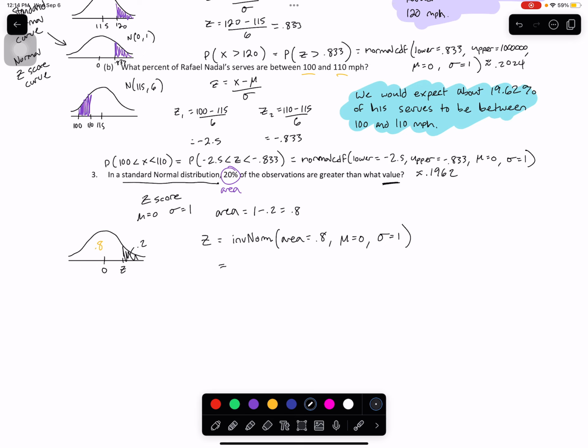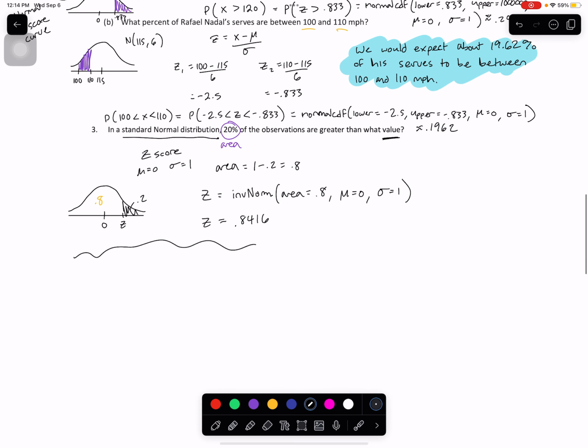We end up with a z-score of about 0.8416. So this is saying that a z-score above 0.8416 is in that 20% range, right?